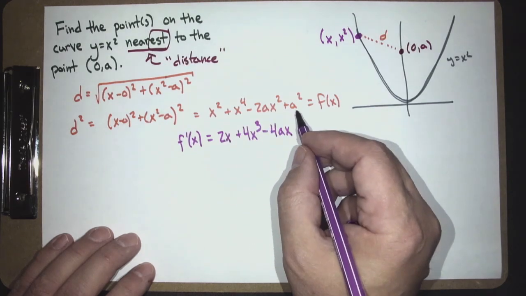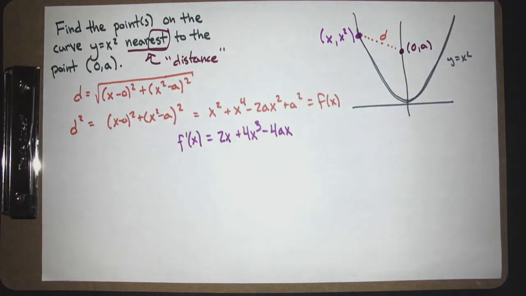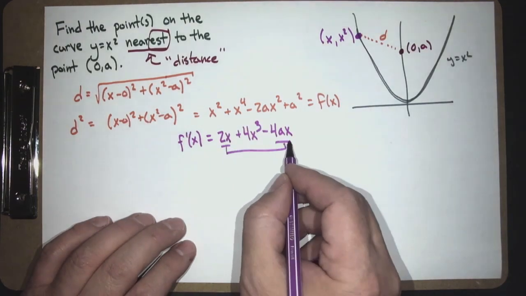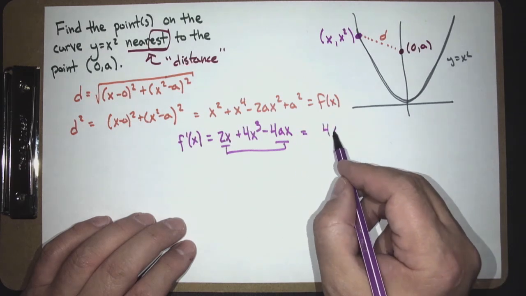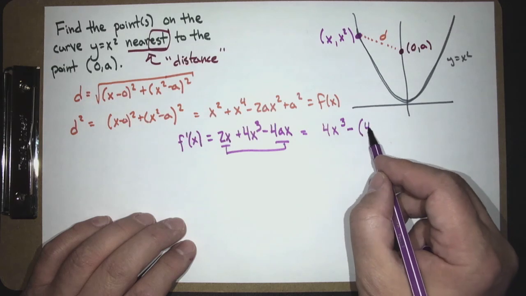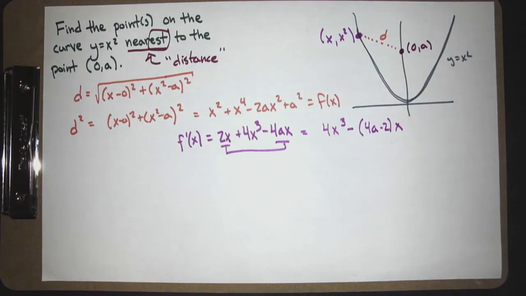Derivative of a squared, 0, because a is acting like a number. So a squared is a number. Now, we can do a couple things. We can combine the x terms together. We could have done that in the previous step. So that's really 4x cubed minus 4a minus 2x.